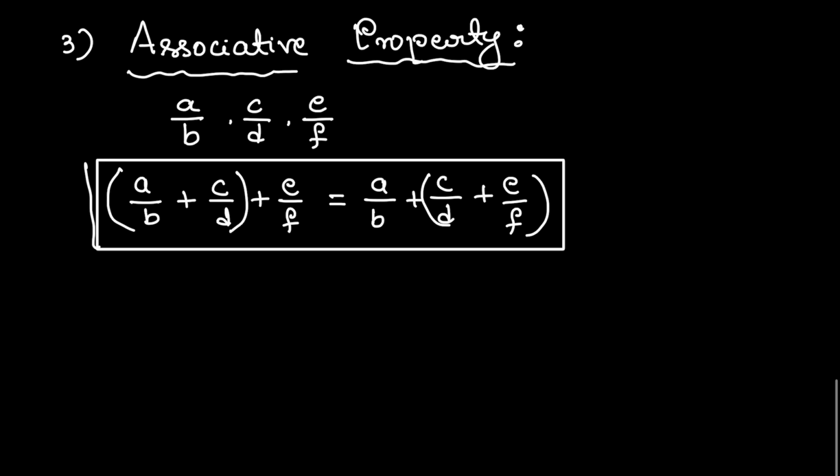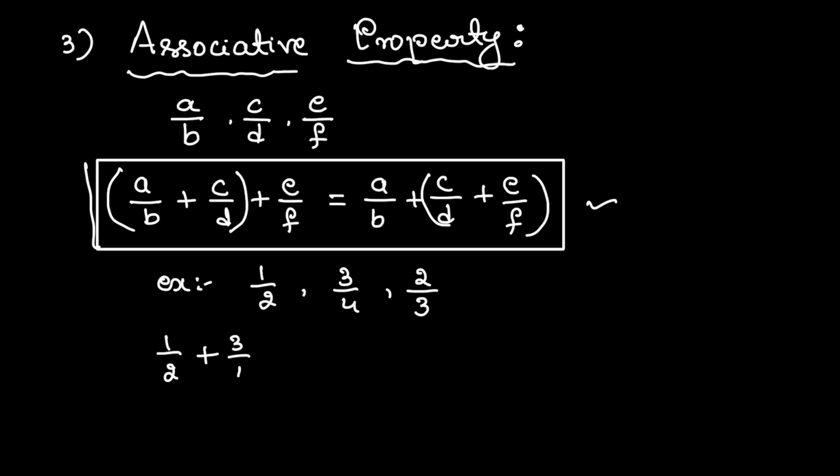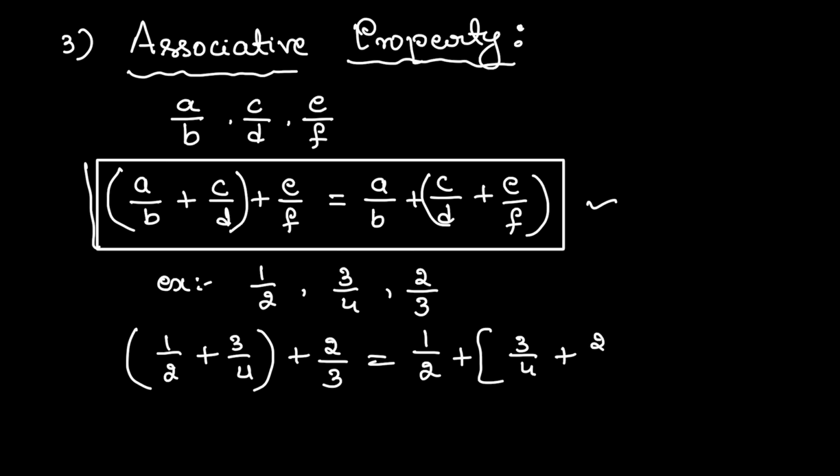Let us consider the example 1/2, 3/4 and 2/3. Let's substitute in the property here: (1/2 plus 3/4) plus 2/3 is equal to 1/2 plus (3/4 plus 2/3).